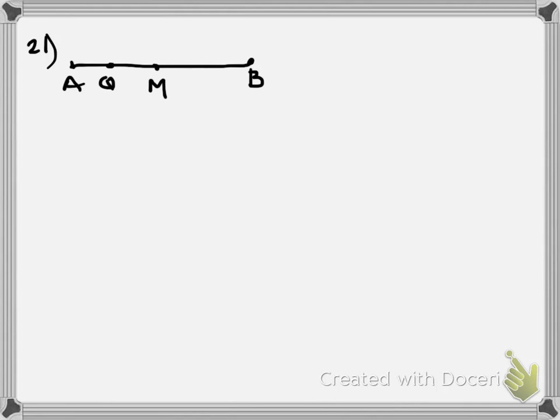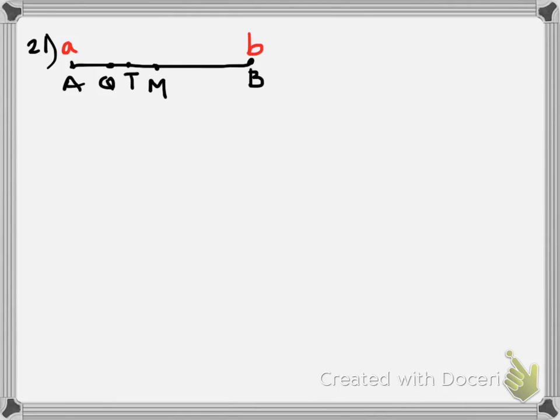T is the midpoint of segment QM. Okay. And it says if the coordinates of A and B are little a and little b, then go ahead and find the coordinates of Q and T in terms of a and b.